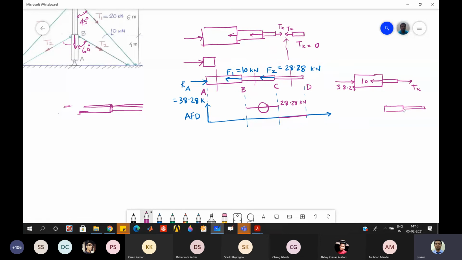So there is a force here 28.28. And then you can see I have Tx positive like this. So an arrow coming out from the section will be positive. Okay, so it is like trying to pull out the material from the surface. So that sense is called positive axial force. So if you take either this one or that one, both will say that Tx will be minus 28.28 kilonewton.